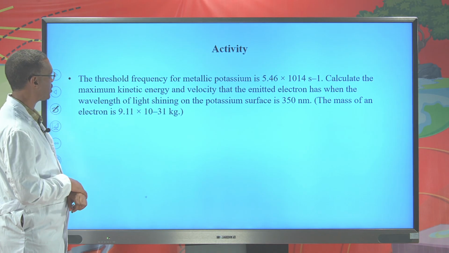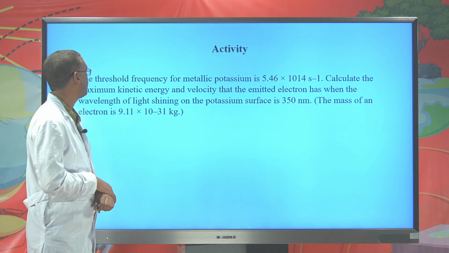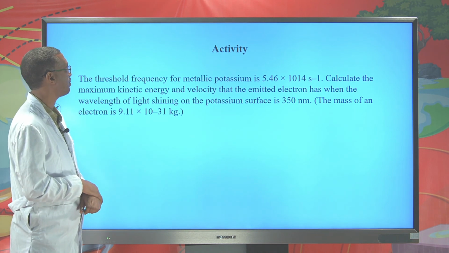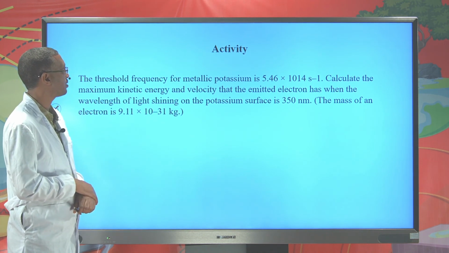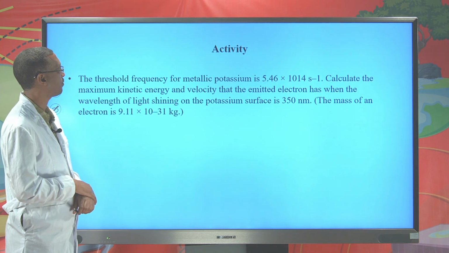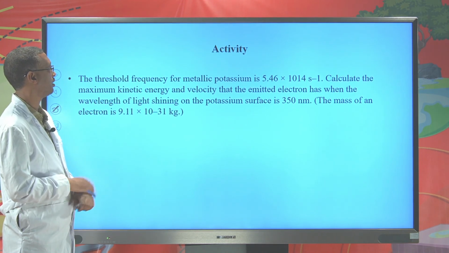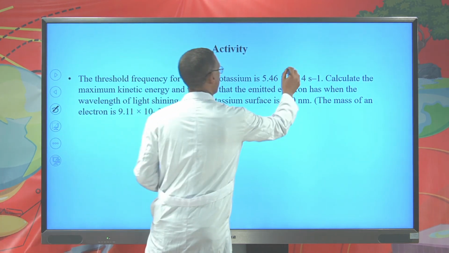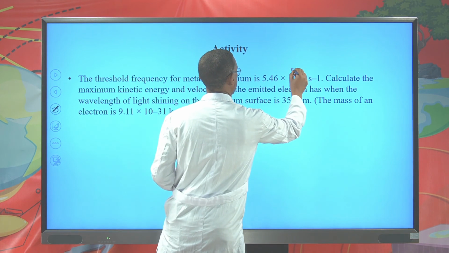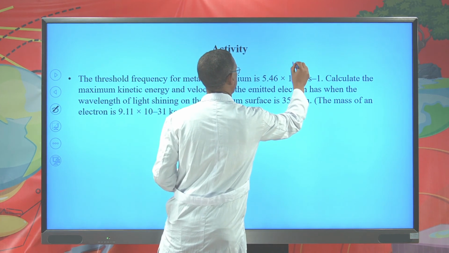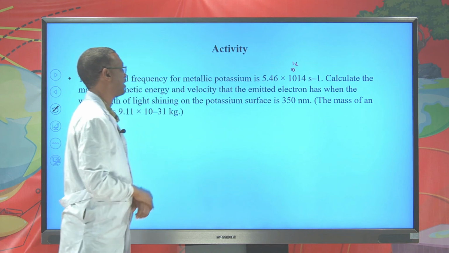So here is the question. The threshold frequency for the metal potassium is 5.46 times 10 to the power of 14 per second.